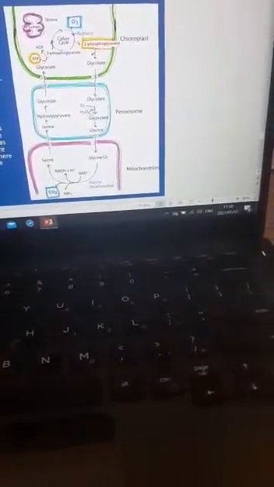You can see the glycolate moving into the peroxisome. In the peroxisome, that glycolate will interact with oxygen. There are enzymes involved in each and every step. So that glycolate will interact with oxygen, resulting in the release of hydrogen peroxide, and the glycolate will then be converted into an organic acid called glyoxylate.